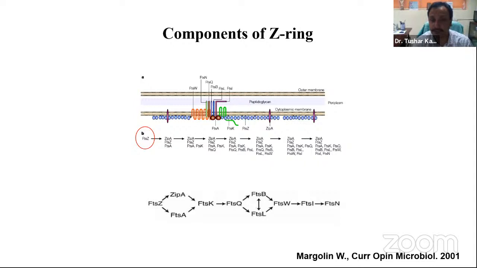The ring has to form, get stabilized, then generate the power to constrict the cell wall. That constriction process is quite dynamic in nature. We still don't fully understand how this process is happening.